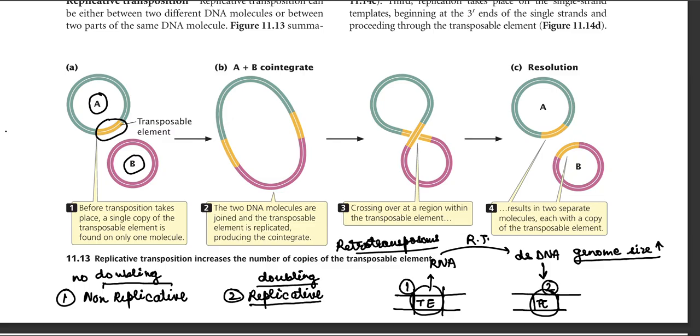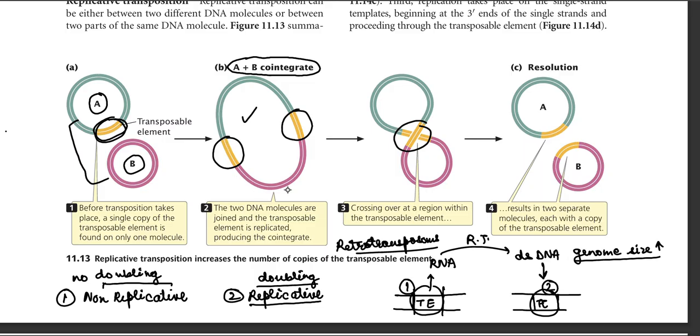So now what happens? In general terms, when this has to be transferred to the new DNA, both of the DNAs have to first integrate and form an A plus B co-integrate structure. Now the A plus B co-integrate structure will be formed in a way that this particular transposable element gets divided, and then later on this will cross over.